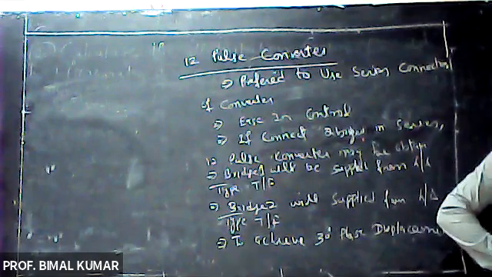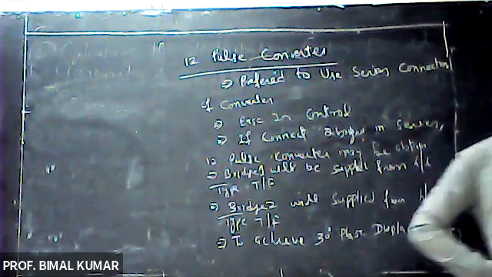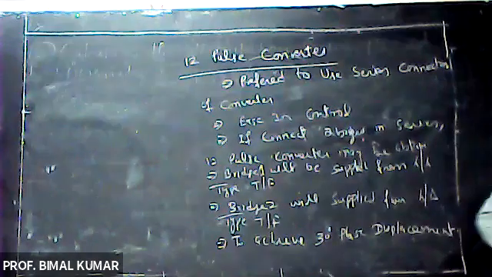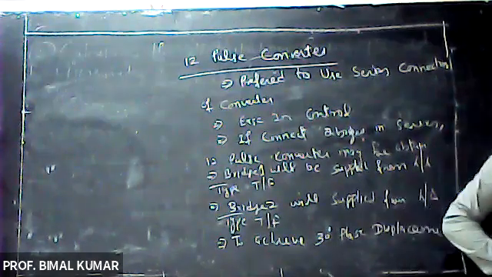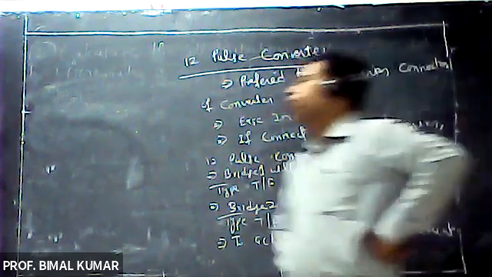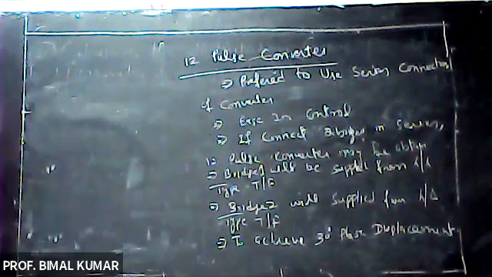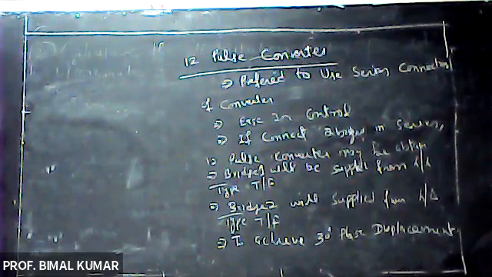Right? The use of the 12 pulse converter is preferable over the 6 pulse converter because of reduced filtering requirement. What does this mean?